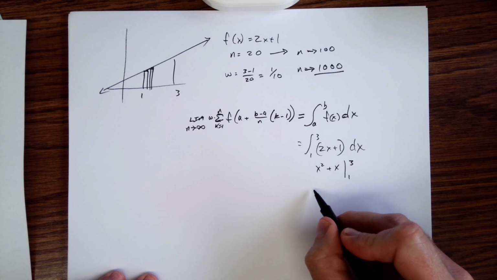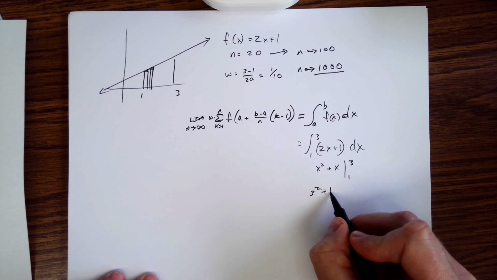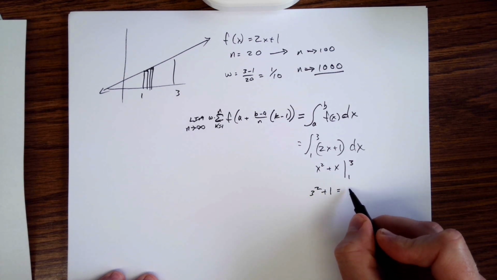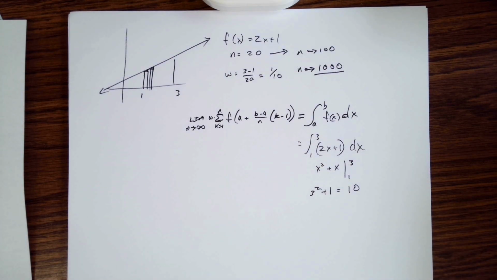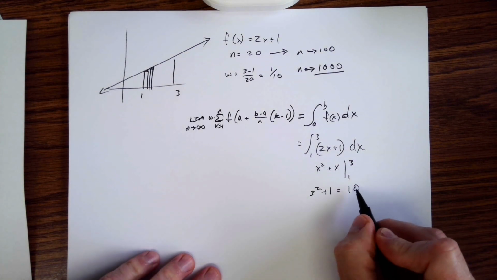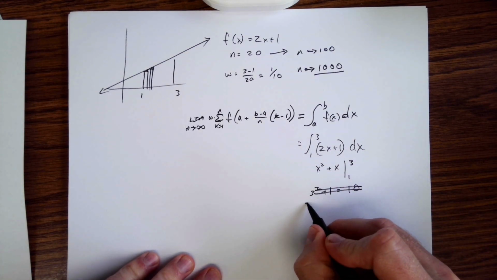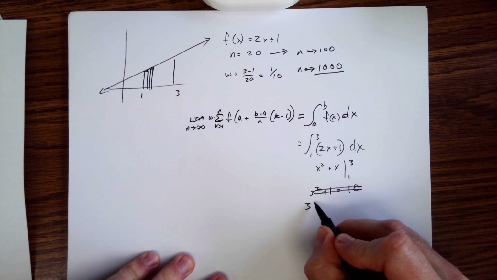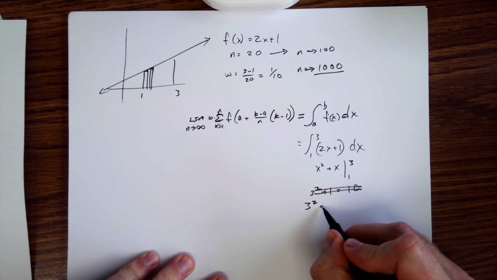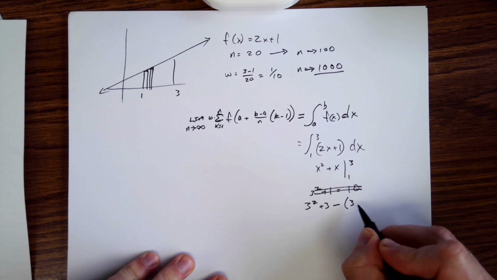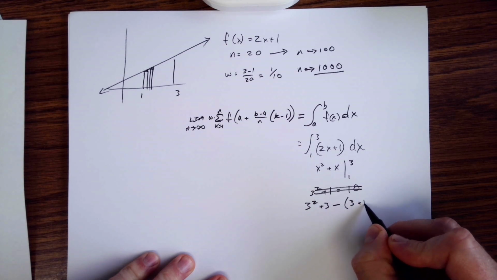And in that case, we end up with 3 squared plus 1, which is 10, right? No, I'm sorry. Scratch that. I did that wrong. So we have 3 squared plus 3 minus 1 squared plus 1, like that.